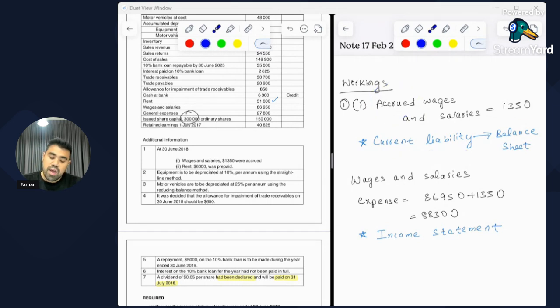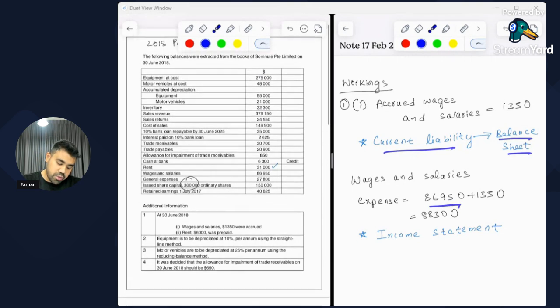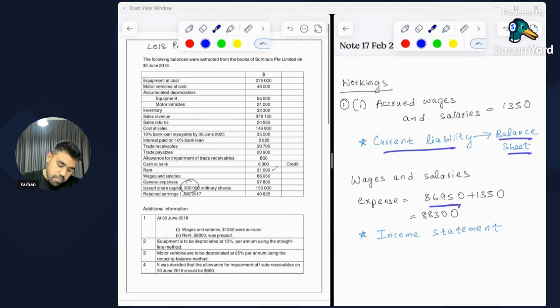Therefore, this is classified as a current liability, and as you know, all liabilities are to be reported within the balance sheet. Now, the total for wages and salaries expense that we have incurred for the financial year ending 30 June 2018 is the $86,950, which we are given within the trial balance, as you can see here.